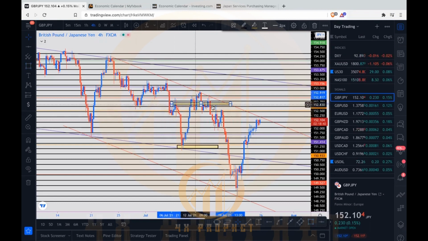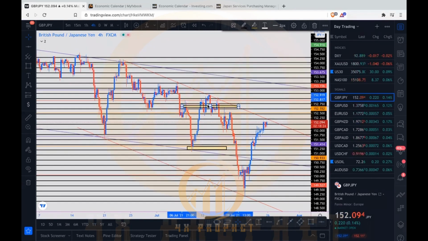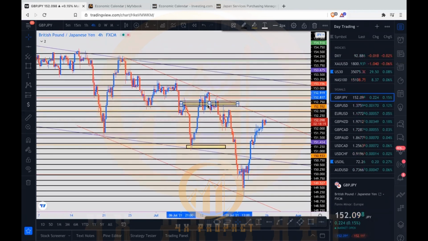And what do we have right here? Anyone can say it? Head and shoulder pattern. Right. And what kind of head and shoulder pattern is this? Which is it? An inverted.